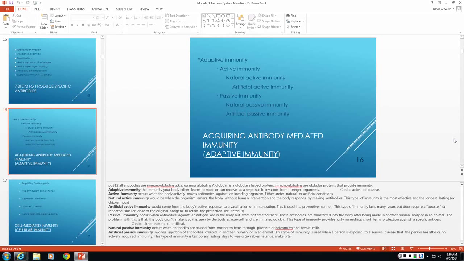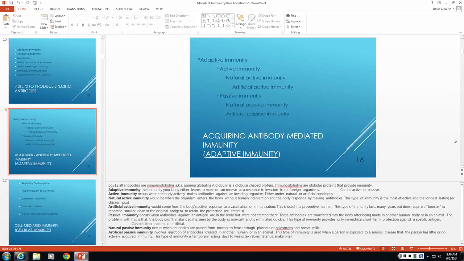Your artificial active immunity would come from the body's active response to a vaccination or immunization. Now this is used in a preventive manner. This type of immunity lasts many years, but it does require a booster, which is basically a smaller dose of the original antigen to retain the protection.